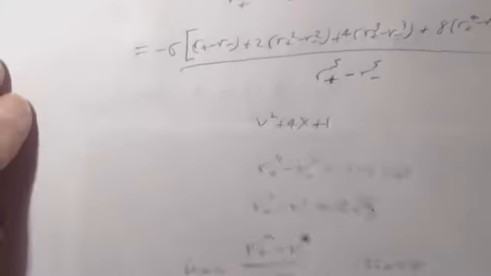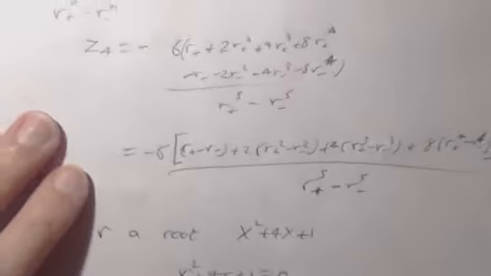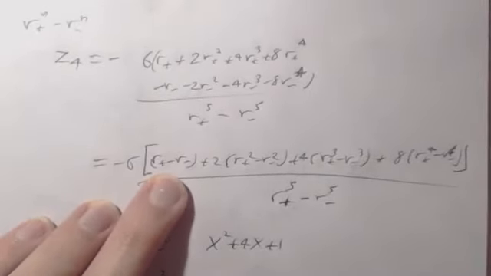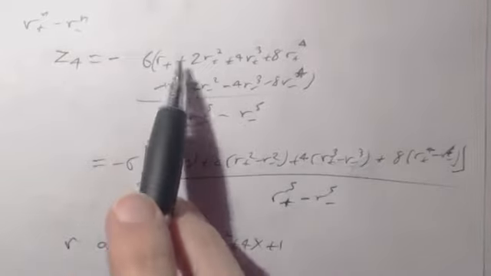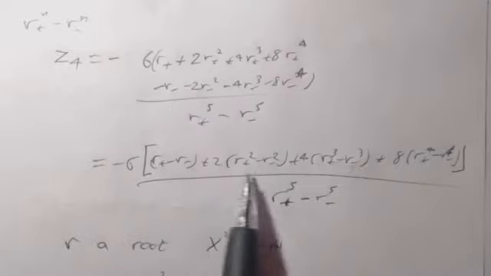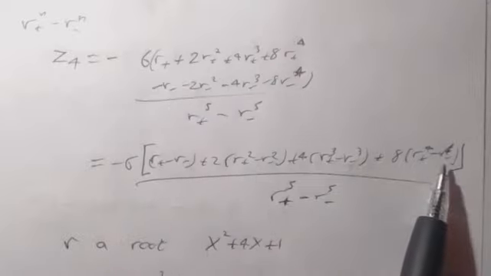So we had that Z4 was equal to this here. So I extracted all the r pluses and r minuses out and combined them together with matching powers like this.